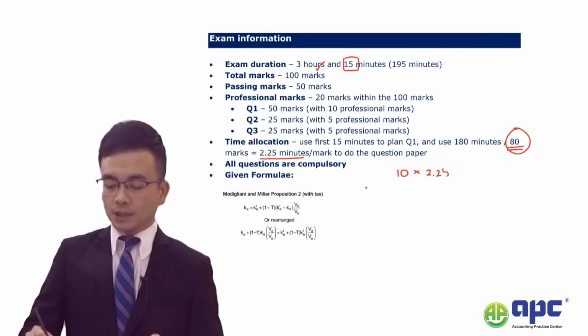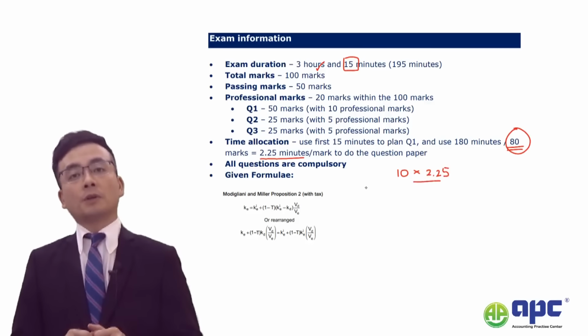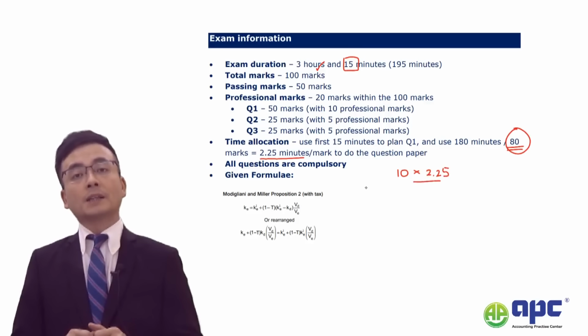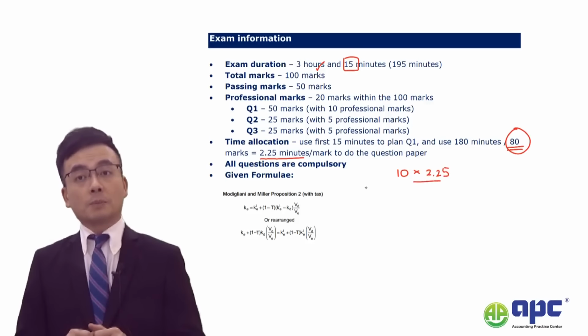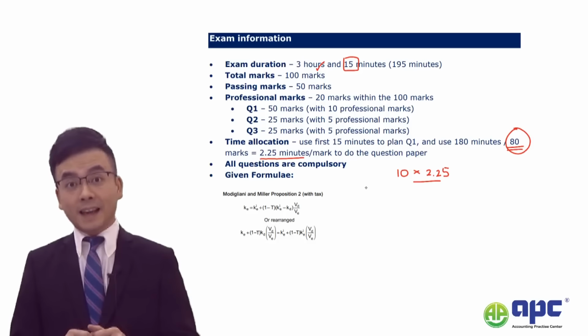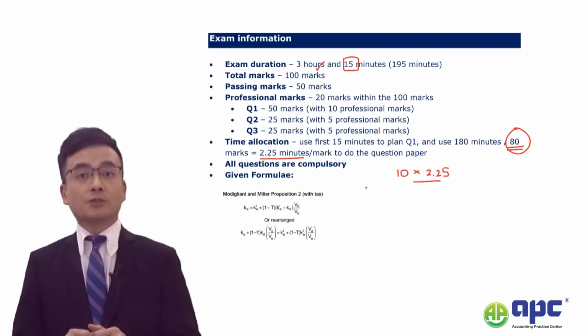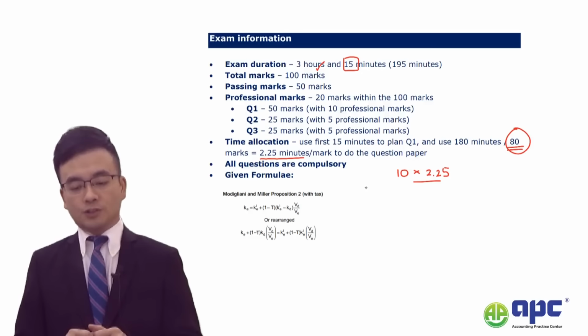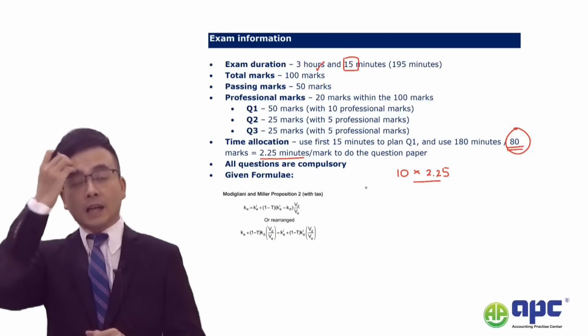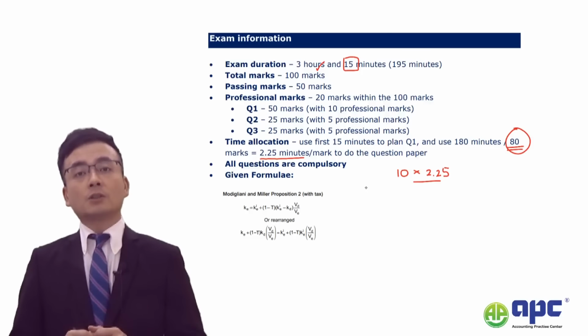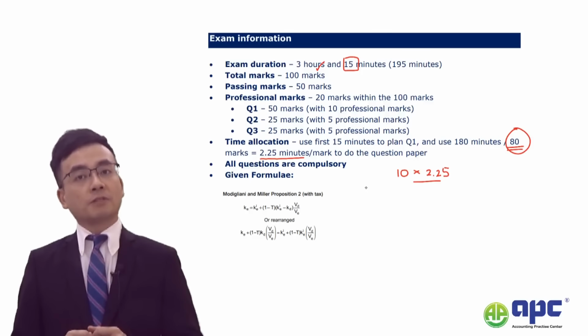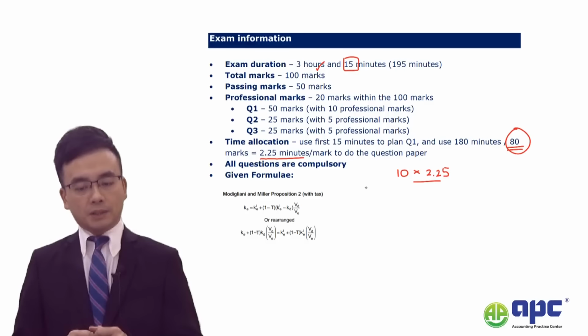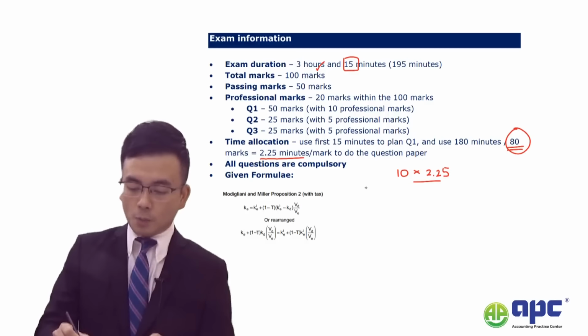You simply times by 2.25, and that being 22 minutes that you need to finish part A. And of course, from that, you can also calculate the deadline that you need to finish each of the requirements before you actually answer the exam question. So usually I recommend my students to plan the deadlines during the first 15 minutes, when they're planning question 1. Of course, we know the passing mark will be 50.